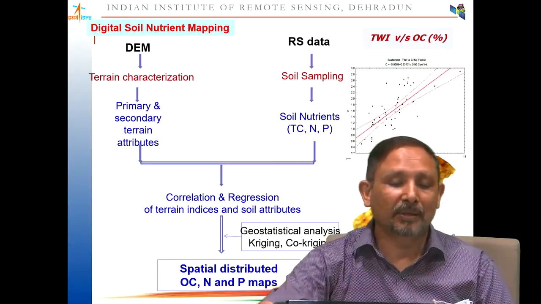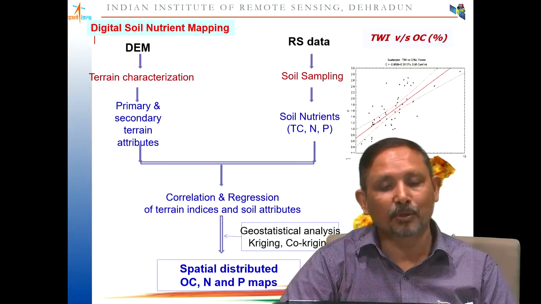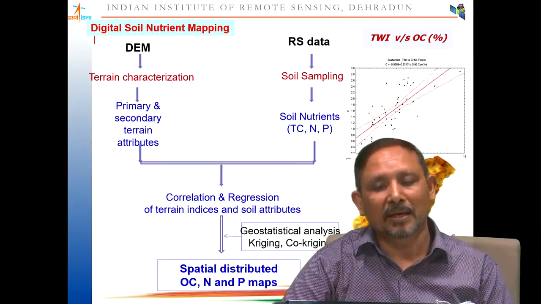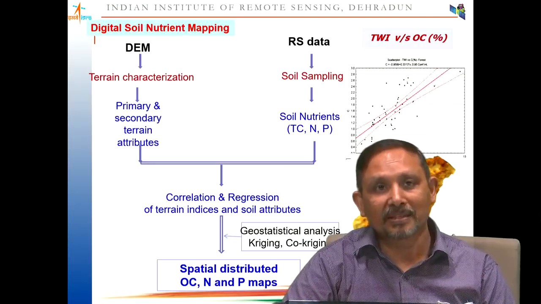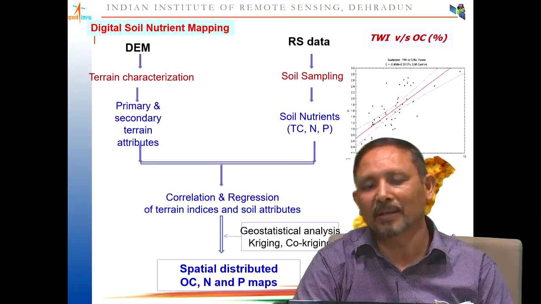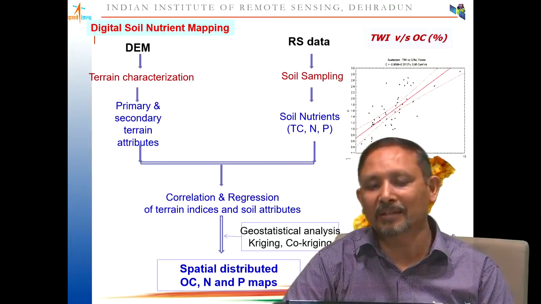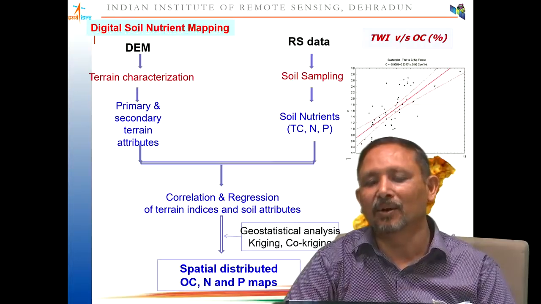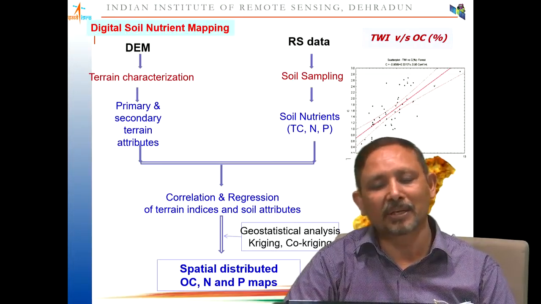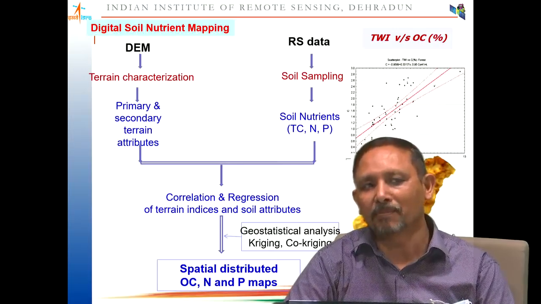So I can say that digital terrain models can be used for analyzing various terrain parameters of a watershed. As I told you in the beginning, for watershed characterization we need to extract the drainage lines or streams, and from the DEM, by generating flow accumulation and flow direction maps, you can generate the stream index and stream patterns.